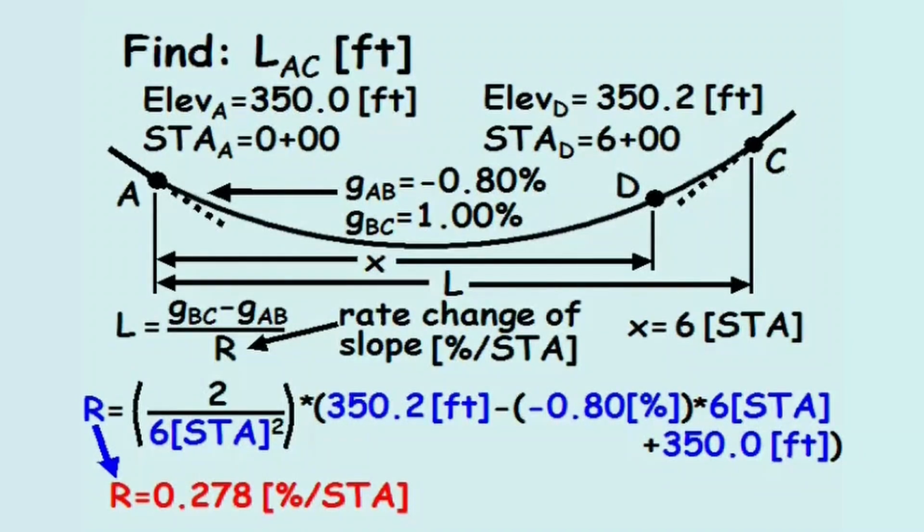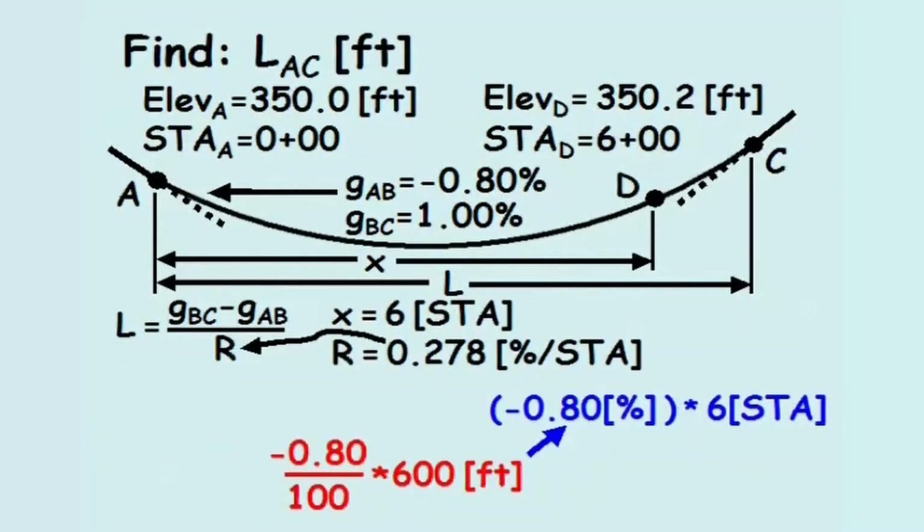Just to clarify the units, when we multiply negative 0.80% by 6 stations, we're really multiplying negative 0.80 divided by 100 times 600 feet. So this part here equals negative 5 feet.